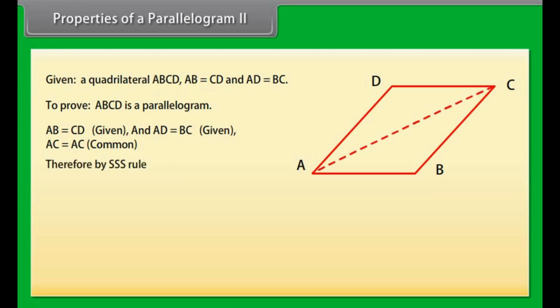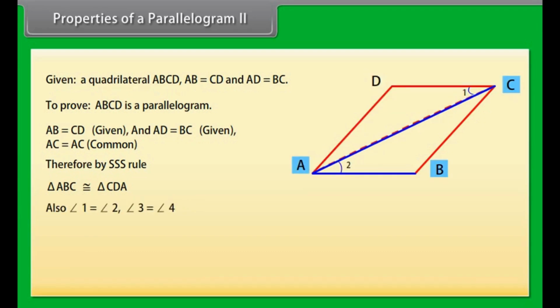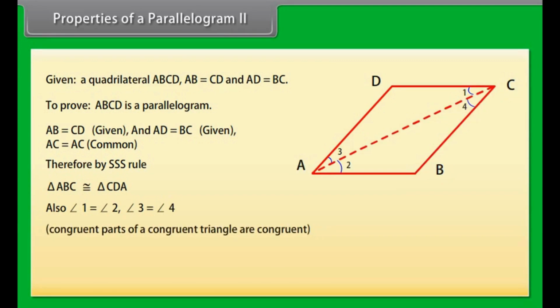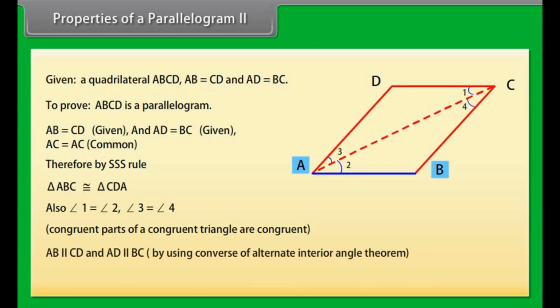Therefore, by SSS rule, triangle ABC is congruent to triangle CDA. Also, angle 1 is equal to angle 2 and angle 3 is equal to angle 4, because corresponding parts of congruent triangles are congruent. Therefore, AB is parallel to CD and AD is parallel to BC. Hence, ABCD is a parallelogram.